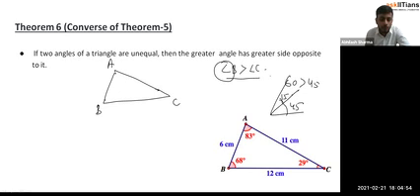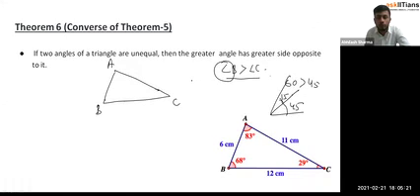So since angle B is greater than angle C, we can either use some logic to prove it, but I think it will be much easier using theorem 5.